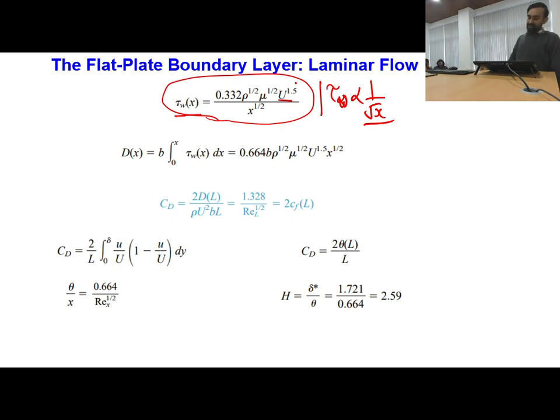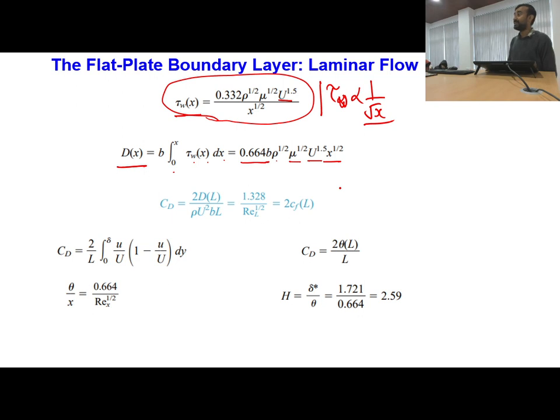So if I have to calculate the drag force, then of course drag force will be B times the integral 0 to x of tau w dx. And from this point, if you calculate, then D of x comes out to be 0.664 times b, rho power 1 by 2, mu power 1 by 2, u power 1.5 and x power 1 by 2.